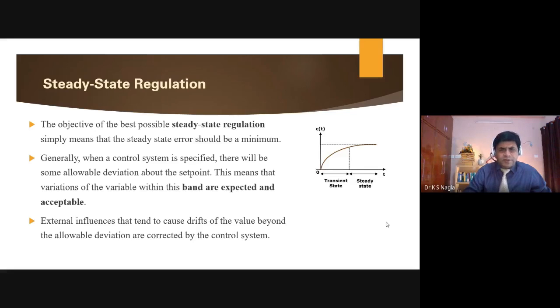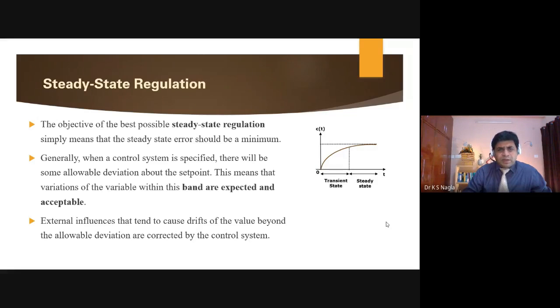Similarly, if you are controlling the temperature of a system and the temperature can deviate by 1 degree plus and 1 degree minus, the chances are always there because of the process lag and some problems in the controller. So practically some deviations are there, and these are generally considered allowable deviations.